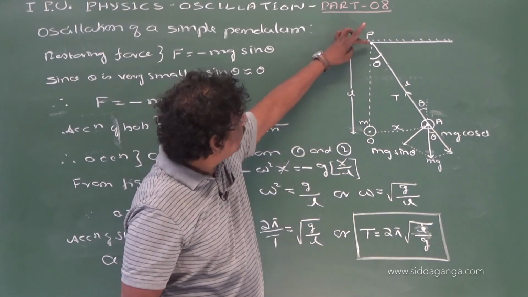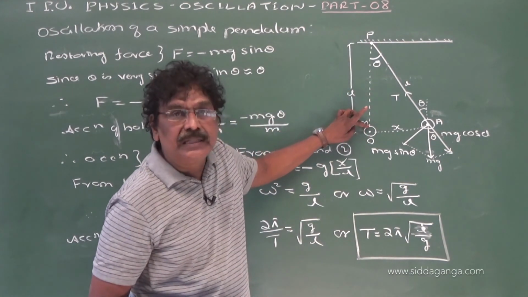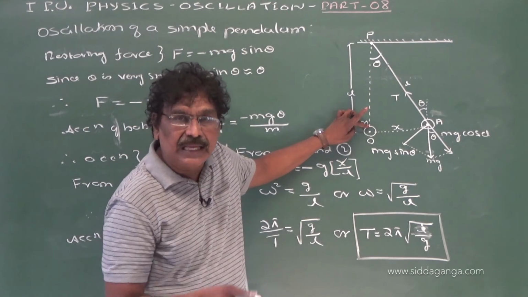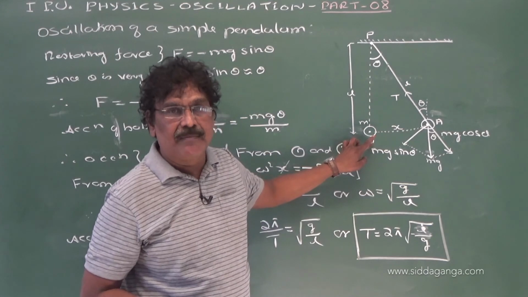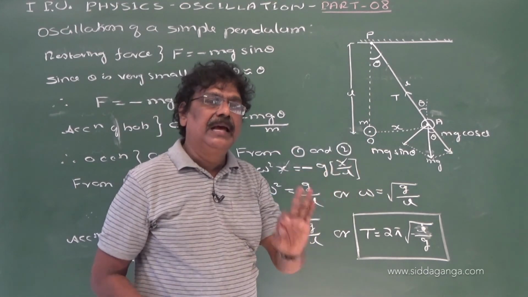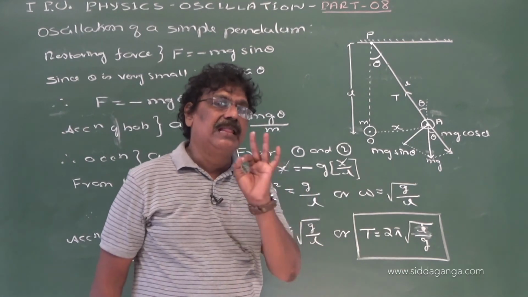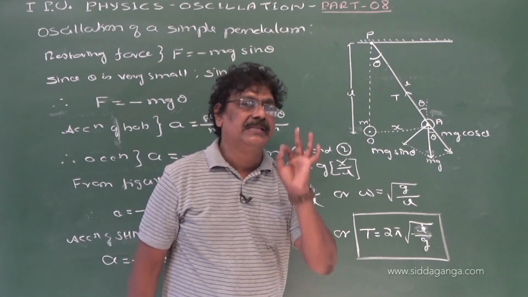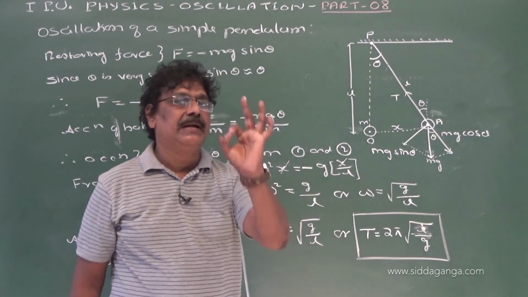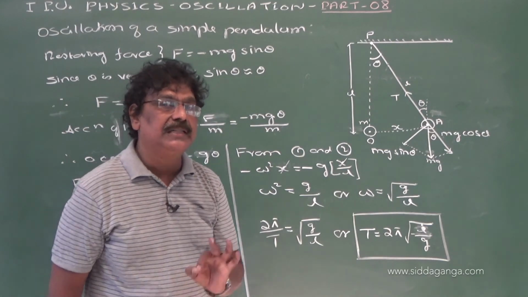So that includes the length of the string from P to the surface of the spherical bob plus the radius of the bob, that is equal to the length of the simple pendulum. It is not just the length of the string by which the bob is suspended. It is the distance between the point of suspension and the center of gravity of the bob, right.